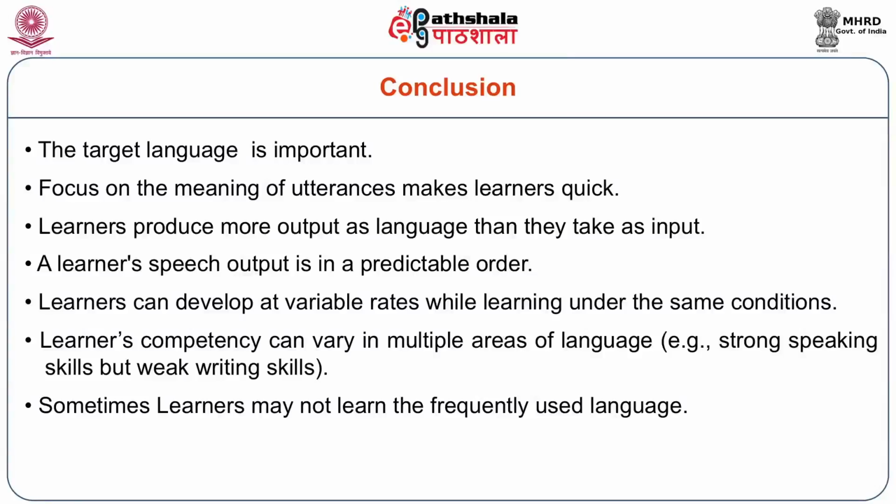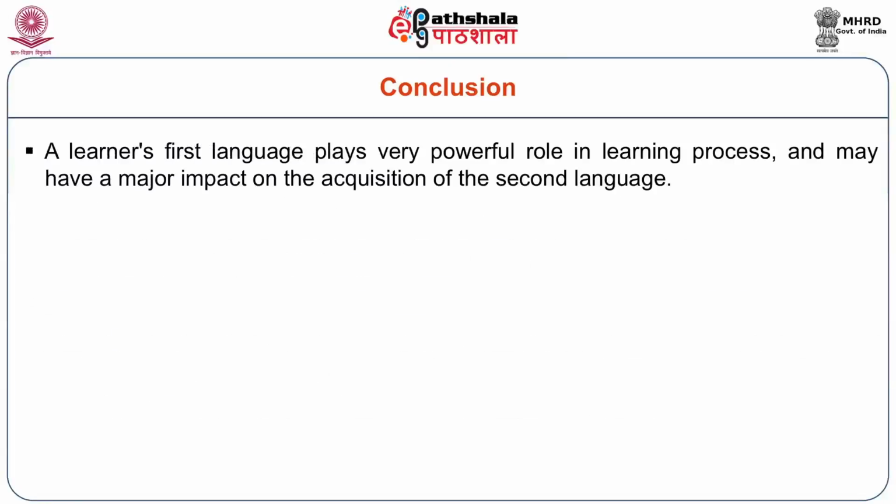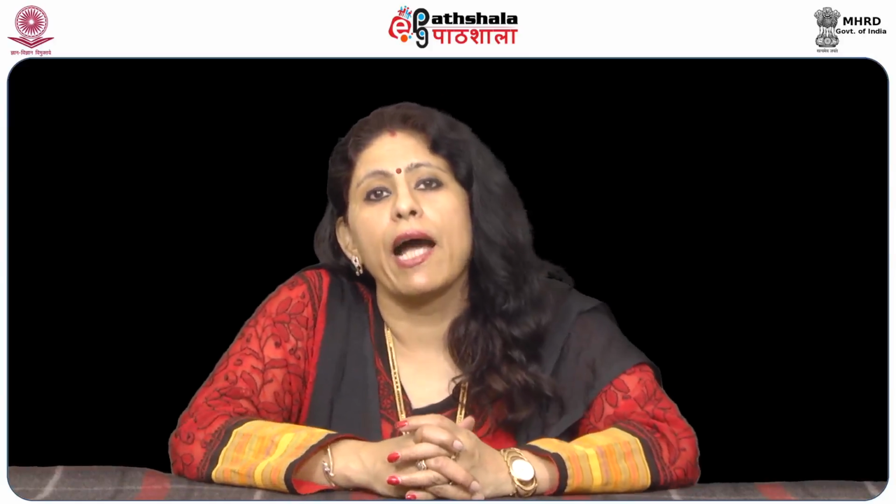Sometimes learners may not learn the frequently used language. A learner's first language plays a very powerful role in the learning process and may have a major impact on the acquisition of the second language. If the first language and the second language are from the same group, it becomes easier for the learner to acquire the second language.